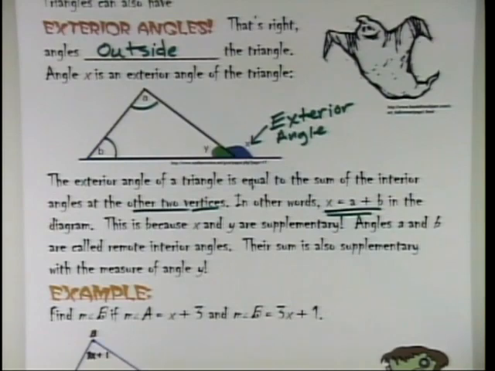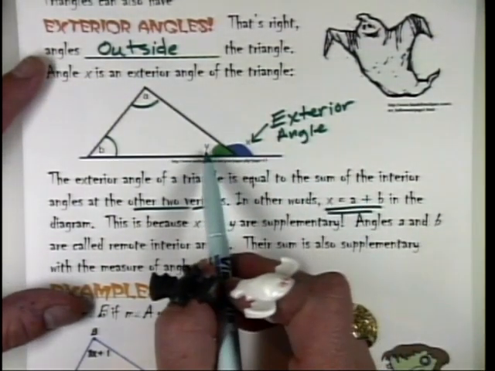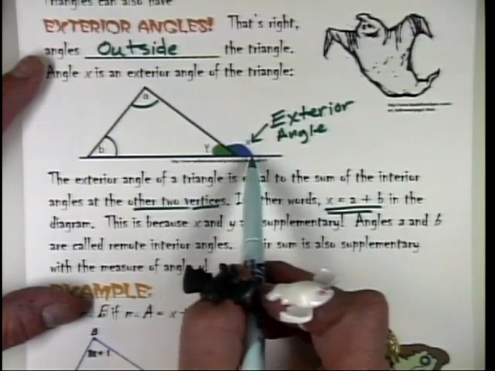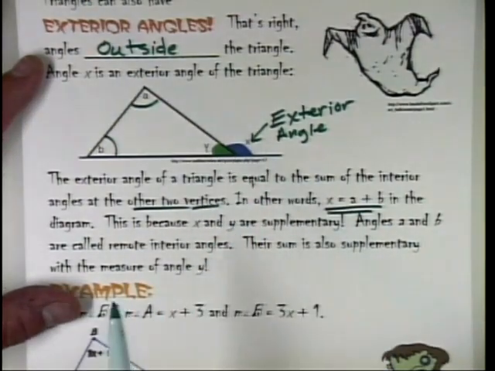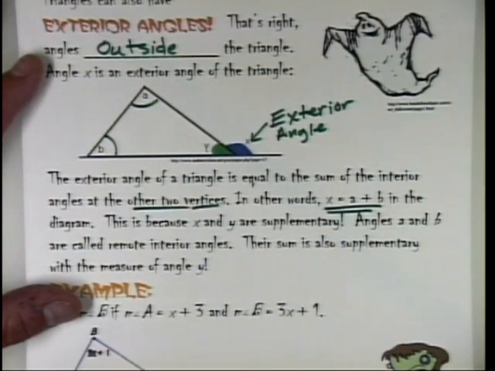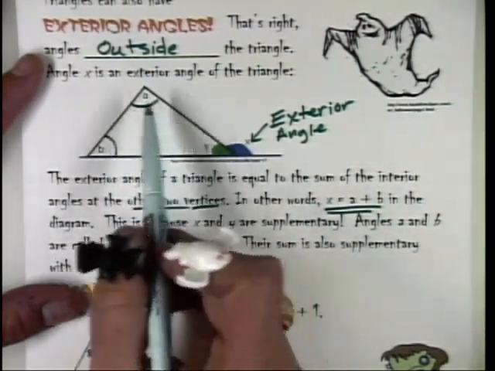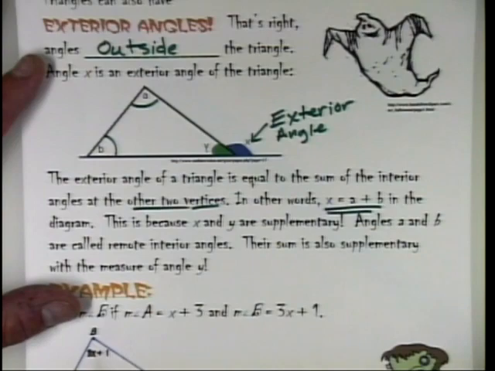Okay? And if you're kind of wondering why that is, let's look at it and explain why. X and Y, those two angles, form a linear pair. So remember, they're supplementary. They add up to 180 degrees. Where else have we heard 180 degrees in today's lesson? Well, that's the angle sum theorem that says that the sum of all the interior angles has to equal 180.